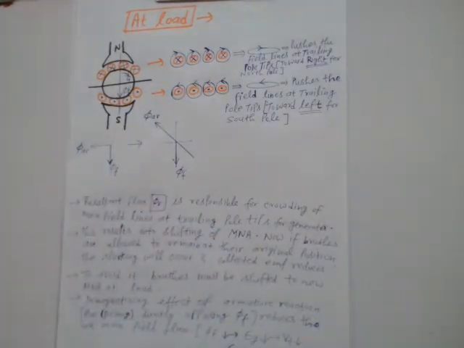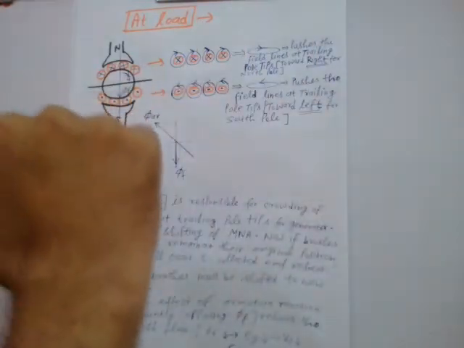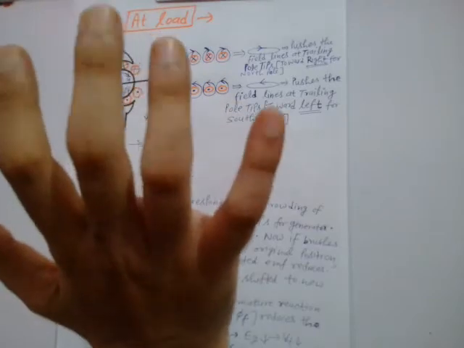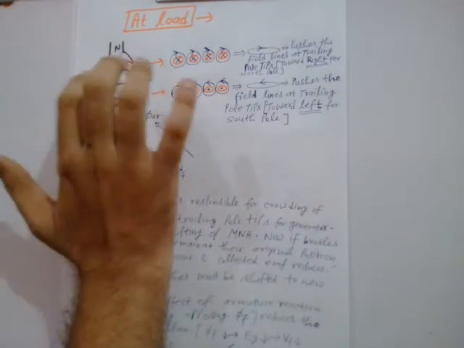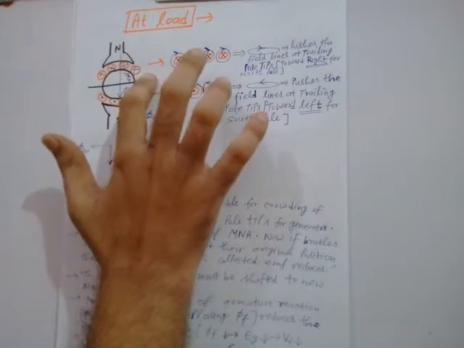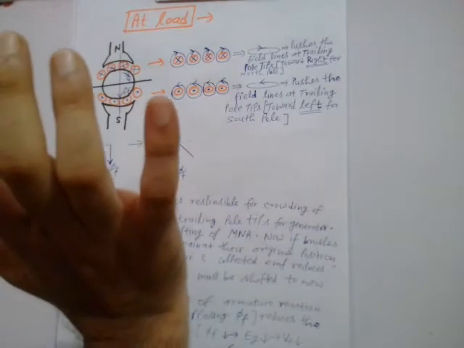So now when you apply the right hand palm rule, this is my right hand, the forefinger will be in the direction of the induced currents, right? So due to this cross, you will have to apply the fingers like this.